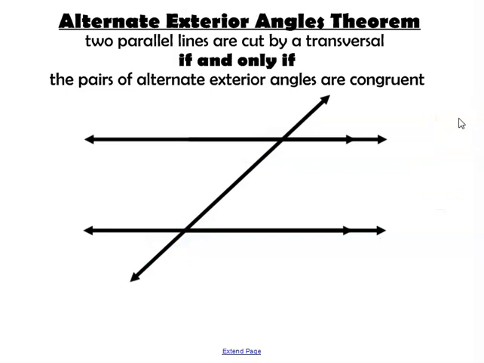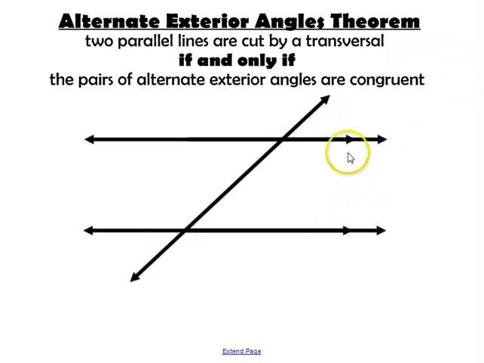Alternate exterior angles theorem. It has the same idea. We have a biconditional theorem, but we want to talk about how it changes with alternate exterior angles. It says two parallel lines are cut by a transversal if and only if the pairs of alternate exterior angles are congruent.